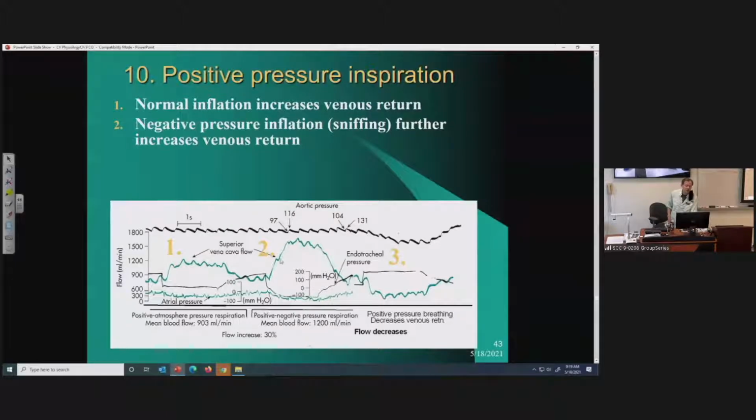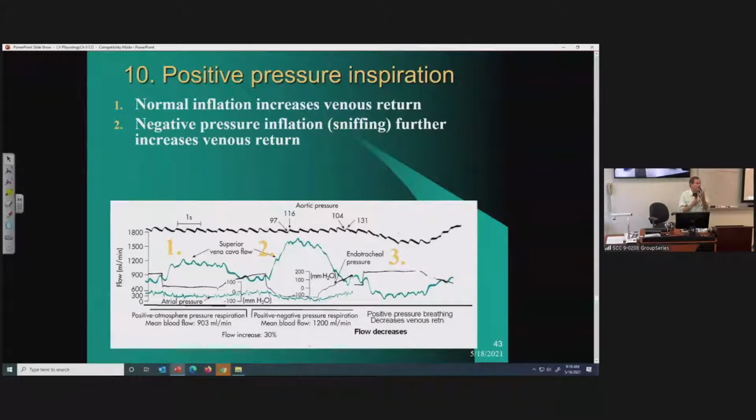If I put a machine in you and make you breathe by forcing air into you, like a ventilator, everything's reversed. When you take a breath in normally, your diaphragm goes down and your venous pressures go down.